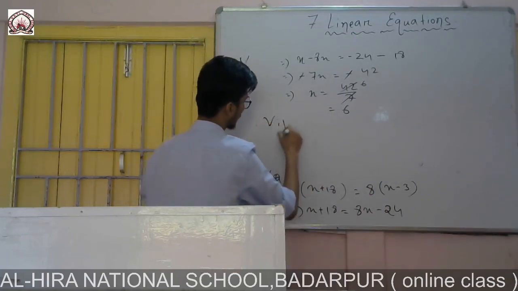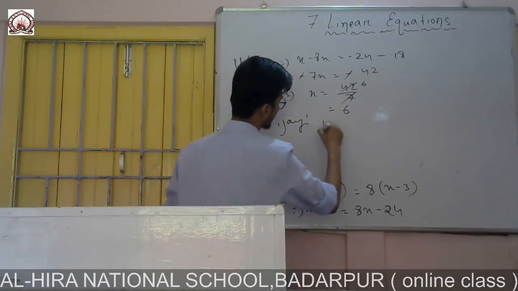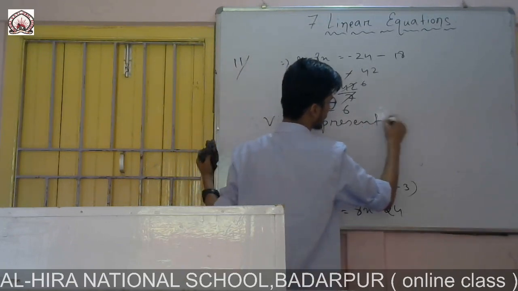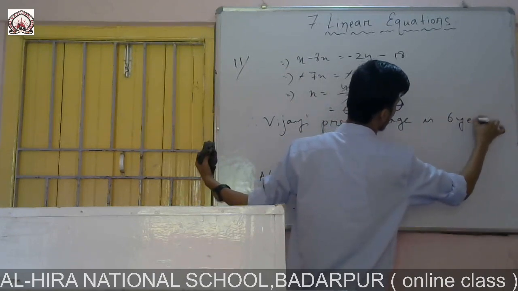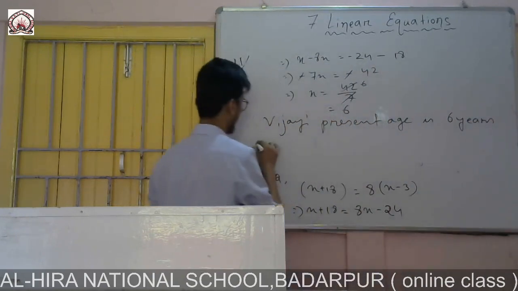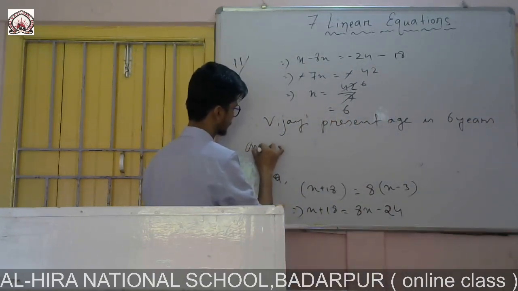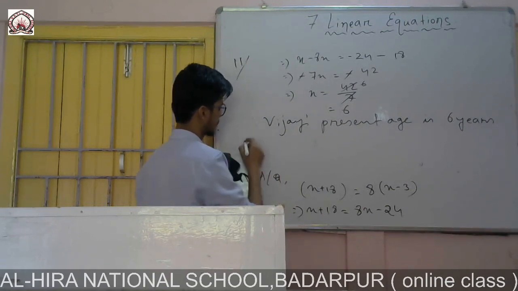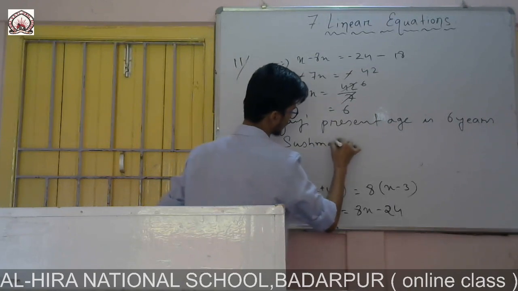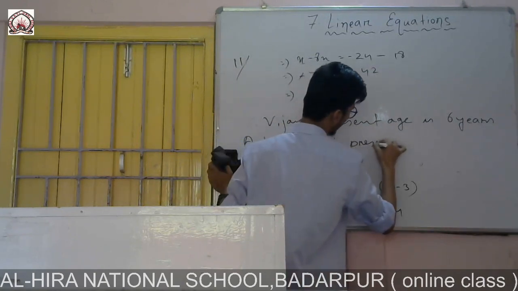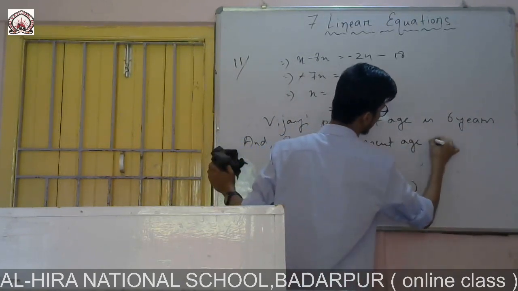Therefore you write, Vijay's present age is 6 years, and Sushma's present age.